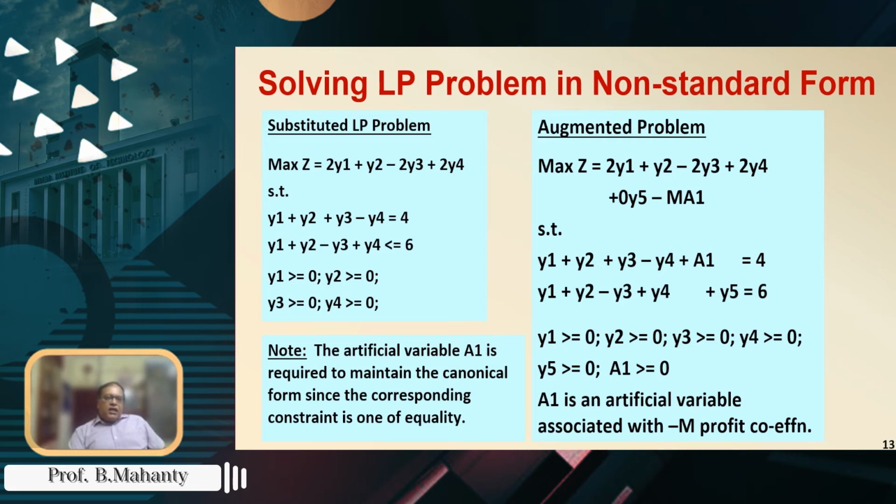But for the time being, just assume that y3 is 20 and y4 is 21. Even then y3 minus y4 will be minus 1. So you see what is really happening. It is not the individual value that is important. It is the relative value that is important. Basically, it is y3 minus y4, and even the coefficients are such that they individually cancel each other, because even here it is minus 2 times y3 minus y4.